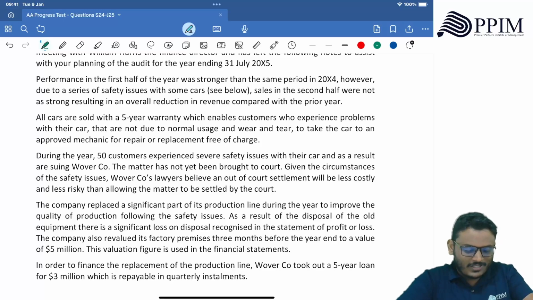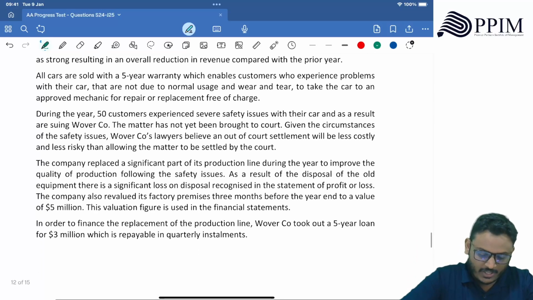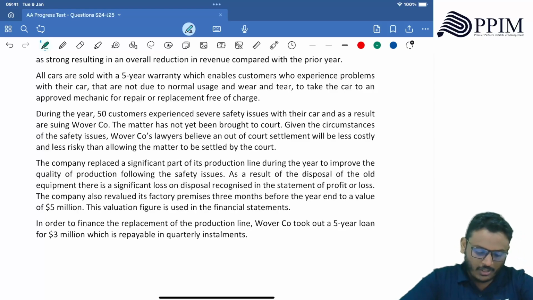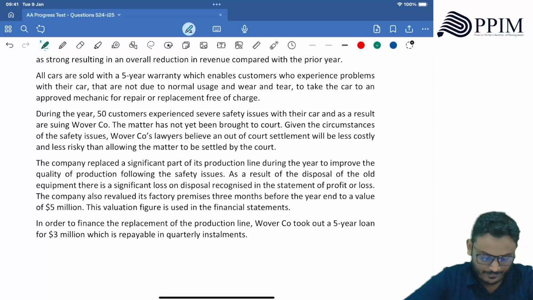All cars are sold with a 5-year warranty, which enables customers who experience problems with their car that are not due to normal usage and wear and tear to take the car to an approved mechanic for repair or replacement free of charge. During the year, 50 customers experienced severe safety issues with their car and as a result are suing W and Company.